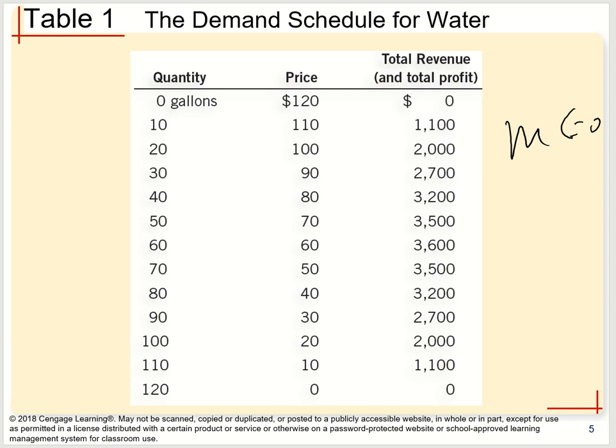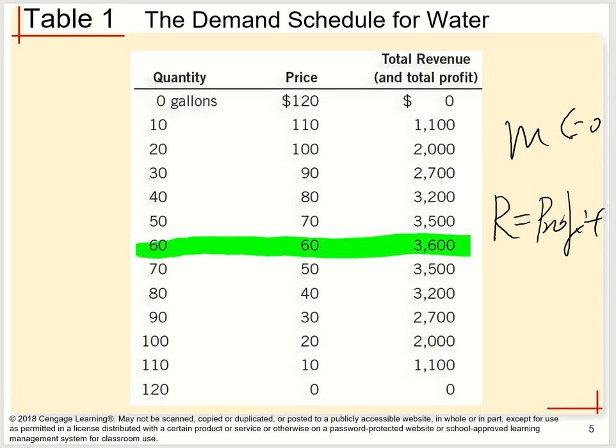So whenever a company supplies water to an individual household, it costs the company $0 to produce it, so their revenue is all equal to profit. On this list, it looks like the highest profit is at $60. When the market only produces 60 units and the price is $60 per gallon, the profit is maximized.